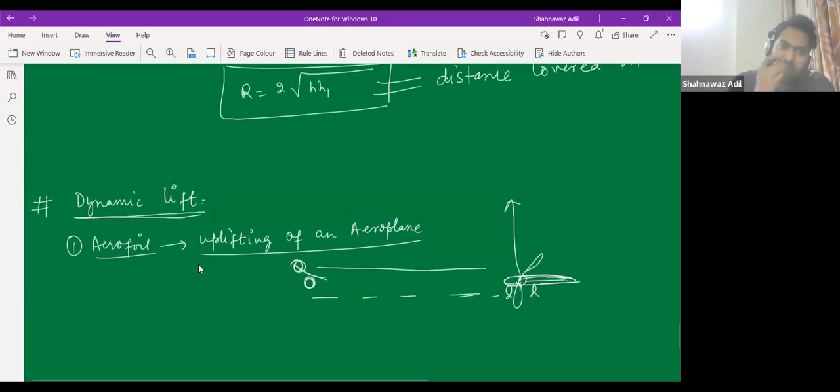Before we do that, let us remember: if velocity is high, then pressure would be what? If you increase the velocity, then would pressure increase or decrease?